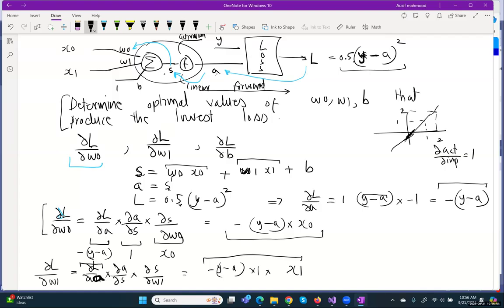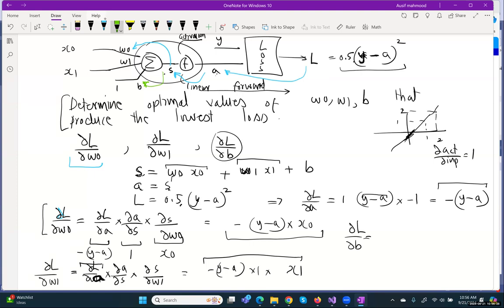Okay, similarly, the third thing we wanted to calculate was partial L over partial B. So if we go to partial L over partial B, again, you can think of, we go from L to A to S, now S to B, right?